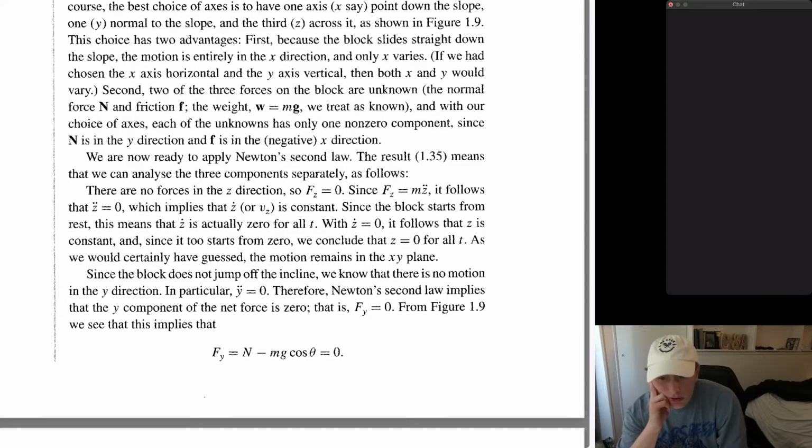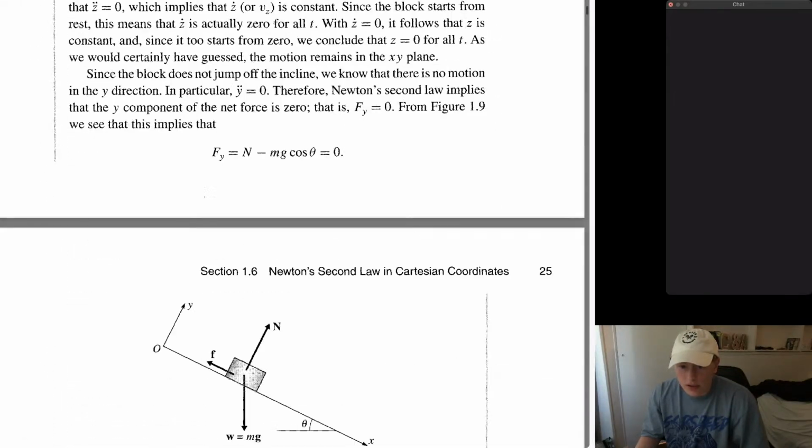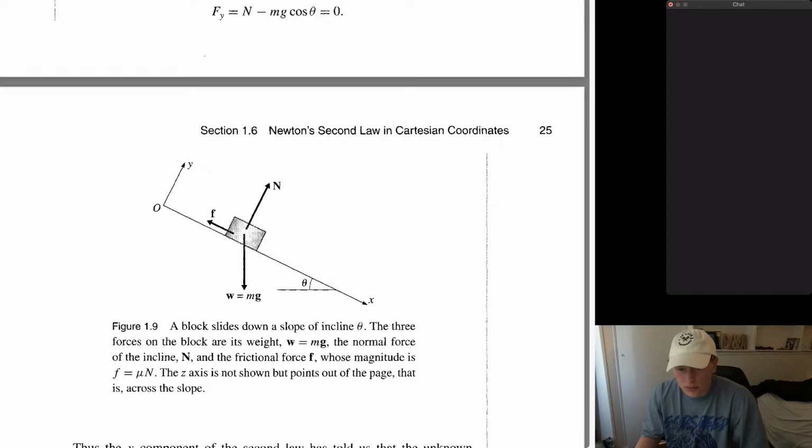y double dot is equal to 0. Yes, N is equal to mg cosine theta. Why does this imply that though? Why is this mg cosine theta? How is that not sine? Am I stupid?